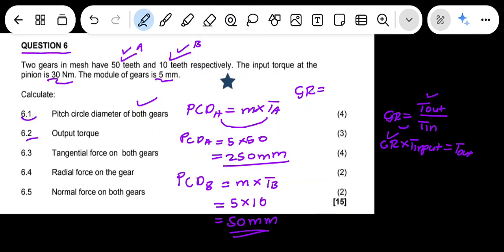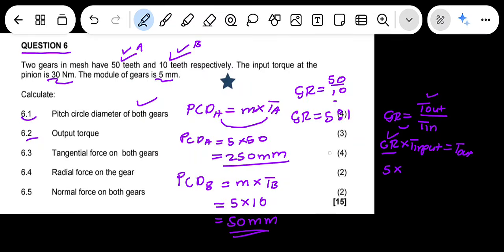The gear ratio will be the bigger gear over the smaller gear, the driven over the driver: 50 divided by 10, which is 5 to 1. When you punch this in you have 5, the same as 5 to 1, but we will consider 5. So the gear ratio is 5.